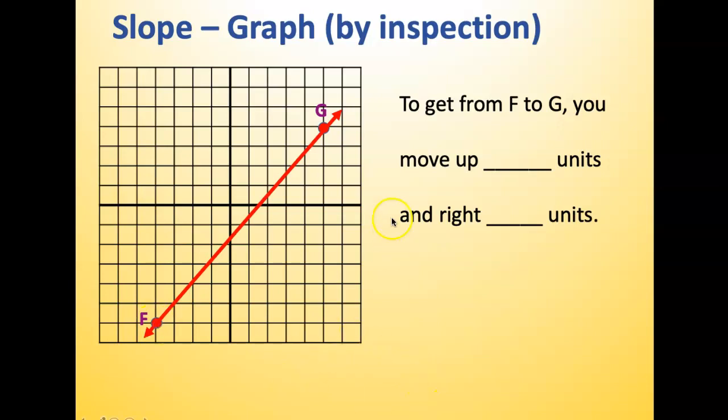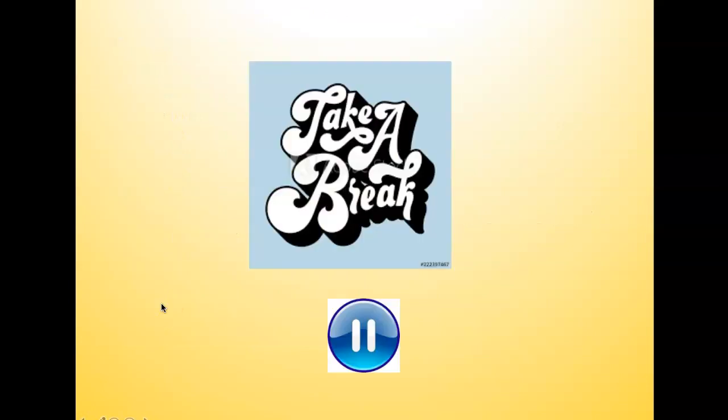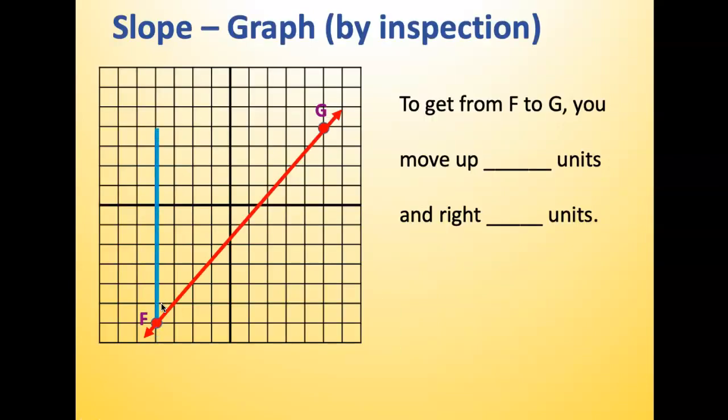So the first thing that you can do to identify the slope is draw a line from F going up and count the number of units. 1, 2, 3, 4, 5, 6, 7, 8, 9, 10. So in the direction of going up, you have 10 units.